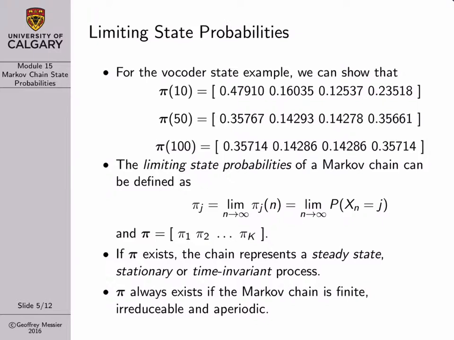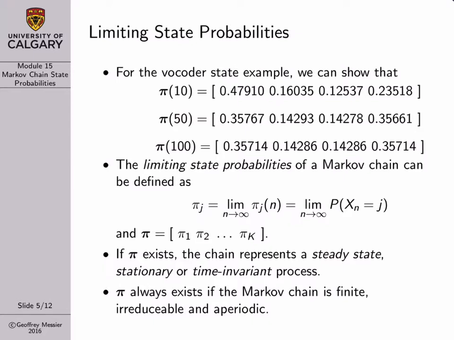So it's reasonable to think that after a very large number of time steps, or perhaps an infinite number of time steps, the influence of the initial state vector will basically disappear. And this would allow us to think that maybe we converge after a large number of time steps to a state vector that's constant.